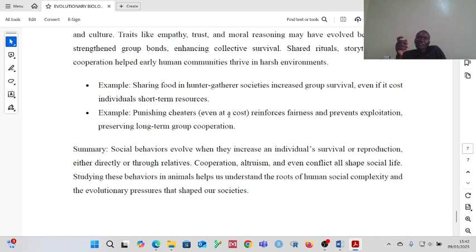The most important thing is that social behaviors, the behaviors of organisms, are likely to persist if they increase the survival and reproduction, either of that particular organism as an individual or indirectly by increasing the survival and reproduction of the relatives of that particular organism that we are looking at.